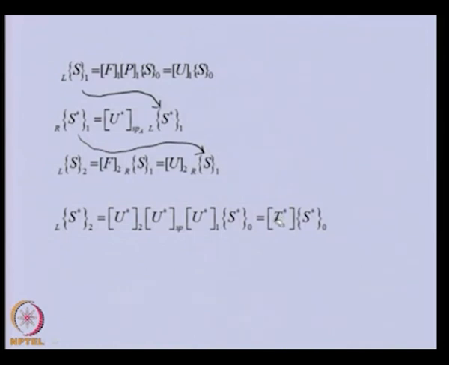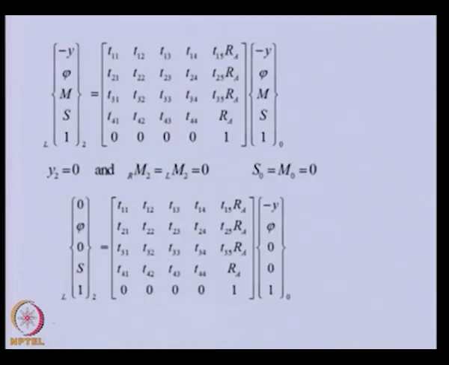Now, the form of the overall transfer matrix is very important here. If we multiply these matrices for illustration, we will see that the support reaction Ra, which is unknown, will be coming in the last column like this. Other quantities will be known.